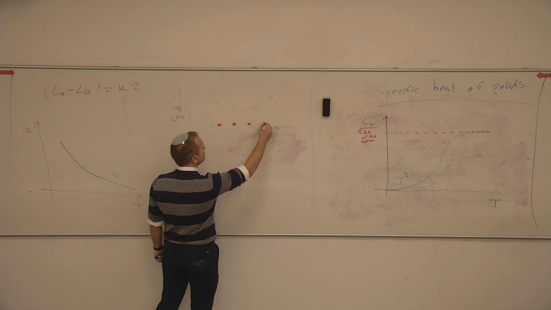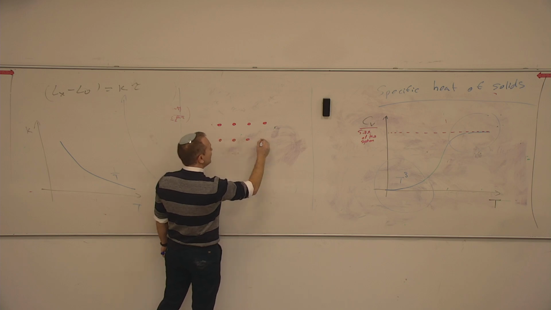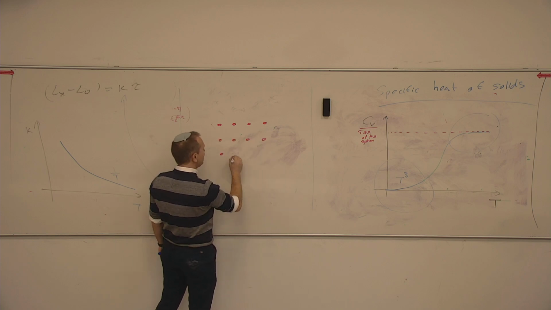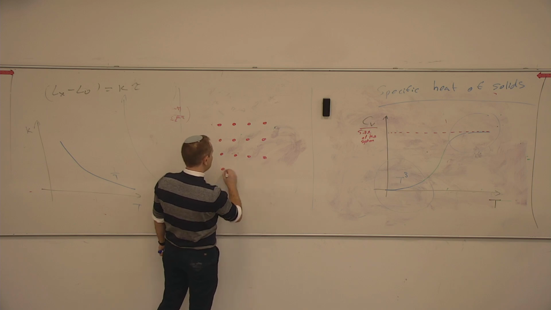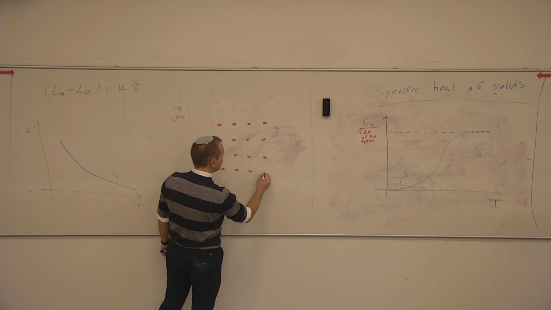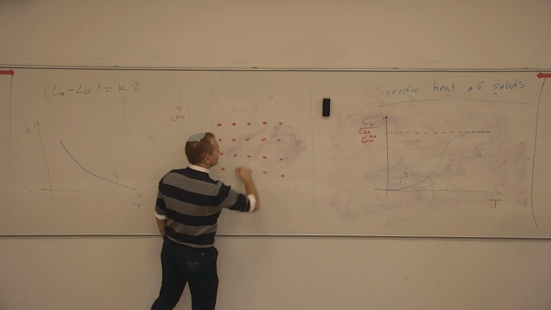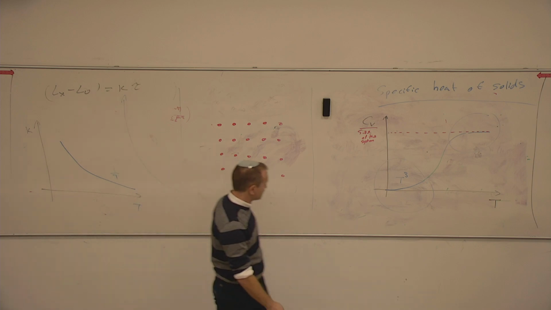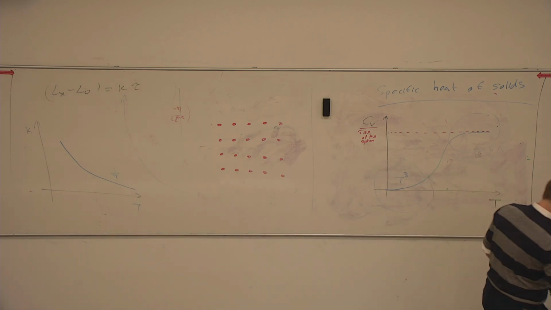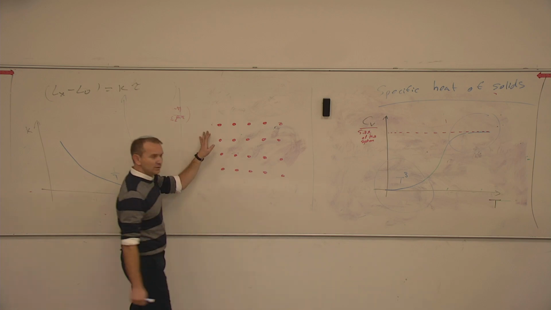So he said the following. Look, I have a solid. What is a solid? It is a bunch of particles. And I know that in a solid, those particles are sitting in some very specific structured way. So let's assume that this is my solid. It's a very simple one. Let's look at each and every particle over here.